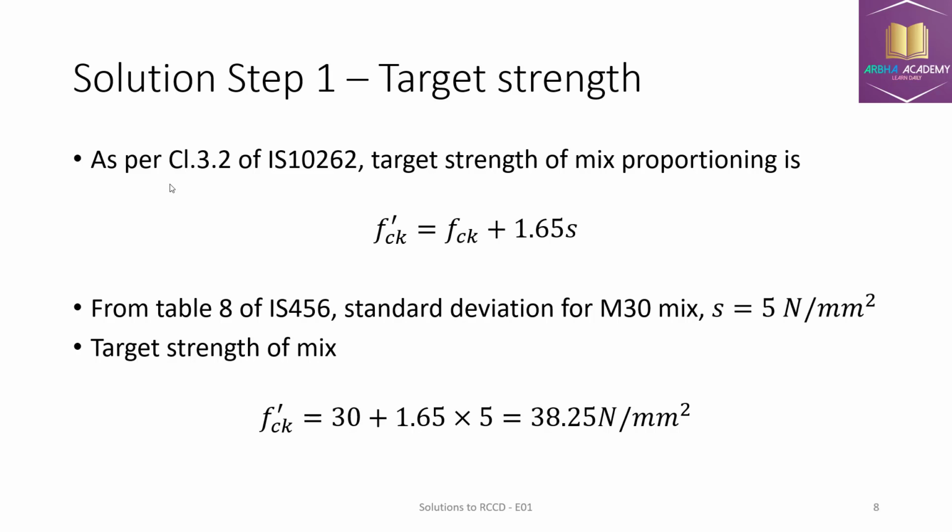So now the target mix strength, f'ck, becomes 38.25. This 38.25 is our target strength for all our cubes that are tested after a curing of 28 days. More than 96% of the cubes should pass or be near this value or greater than this value.